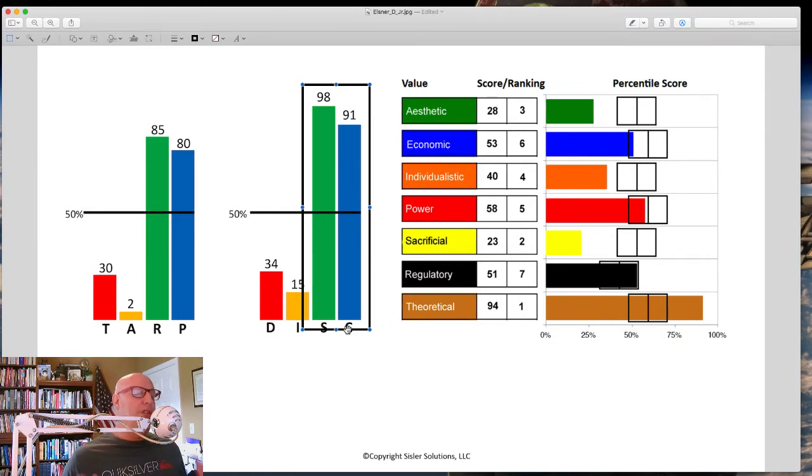Now, let me define the word danger. I don't mean crazy or anything like that. What danger means is that when this particular emotion, or any of the emotions, is overextended, its intensity level is high and outside of the norm, the norm meaning where most people are.